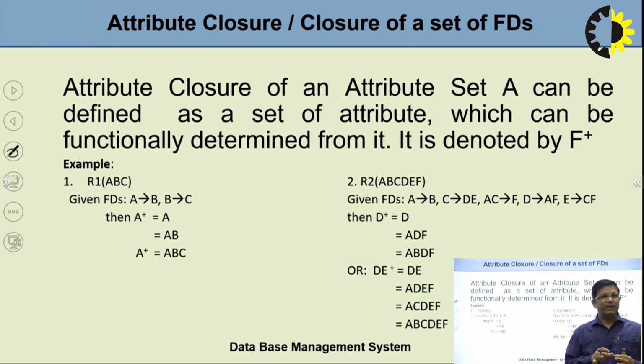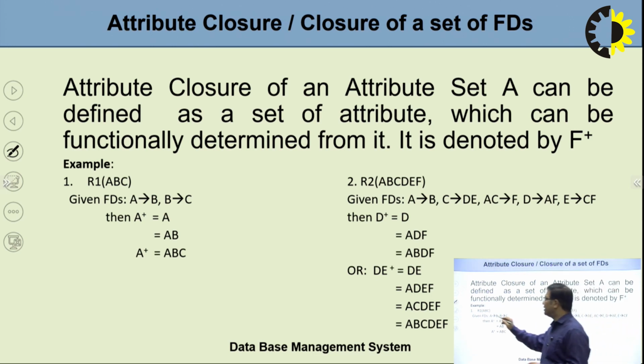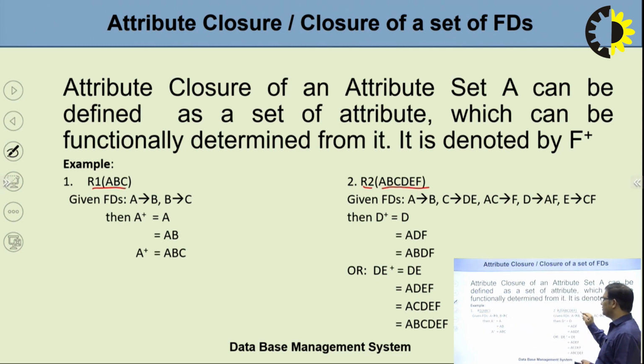Okay. So we can find the closure of any attribute available in the relation. Like for example, if the relation R is given as ABCDEF, we can find any closure, like A closure, D closure or DE closure, any closure.